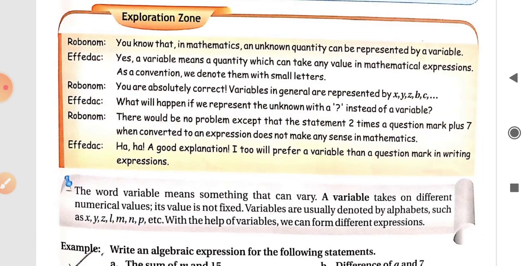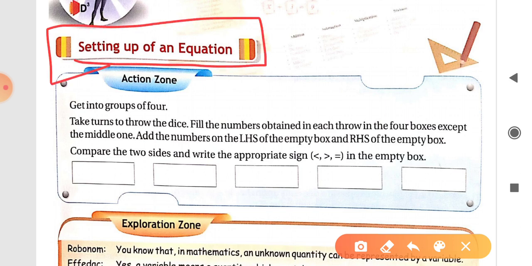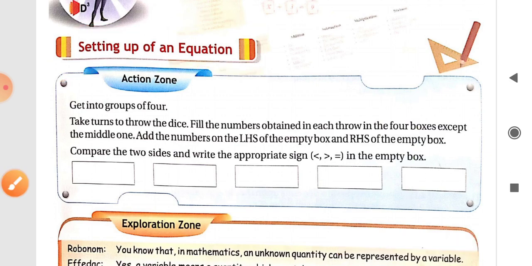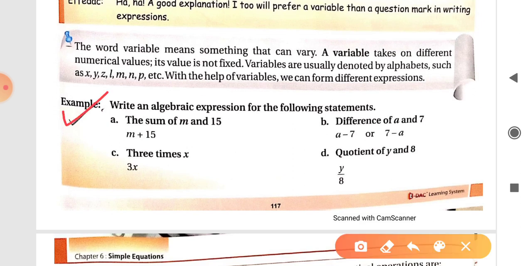Now the meaning of equation should be clear to you. The first topic is setting up of an equation. That means to make an equation, to form an equation. And there is an example. Write an algebraic expression for the following statements.